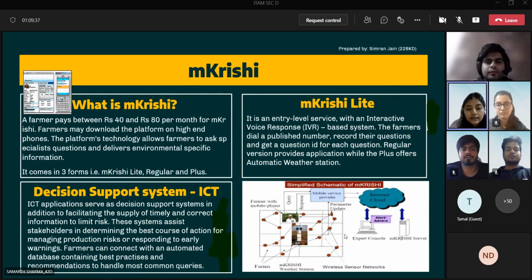Samat, could you? Yes. The fifth use is M-Krishi. Basically, M-Krishi is a platform which farmers can install either on their low-end mobile phones or even on high-end mobile phones, wherein they can get expert advice by just paying 40 to 80 rupees per month.